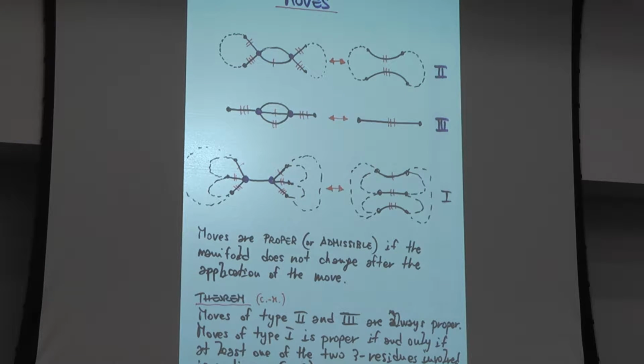And unfortunately, it's easy to prove that they are not enough. Why are they not enough to connect different graphs of the same 3-manifold with boundary? Because moves do not change the color of the boundary. So the color of the boundary is unaltered by moves.